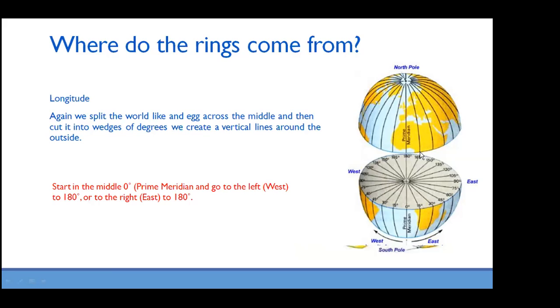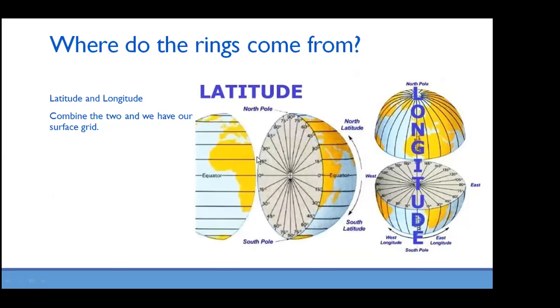Secondly, note that your lines of longitude become closer and closer as they go to the North Pole. So the distance between them gets narrower and narrower as you go north or south. When we refer to latitude and longitude, it's the two grids put together.